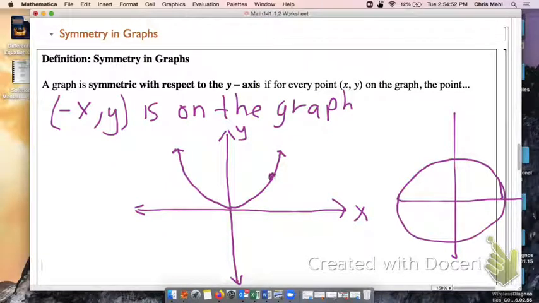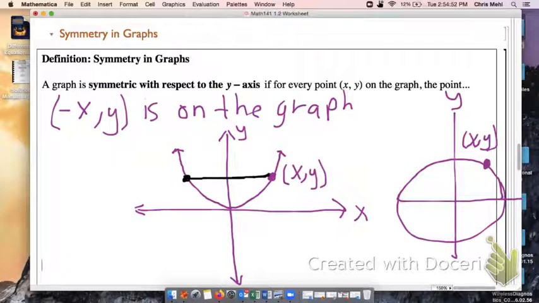And what you notice here is take any point on the graph with coordinates x comma y. Maybe I'll do that over here on the circle as well. And what you're supposed to be able to do is, if it's symmetric about the y-axis, you should be able to reflect this point over the y-axis and obtain another point on the graph.